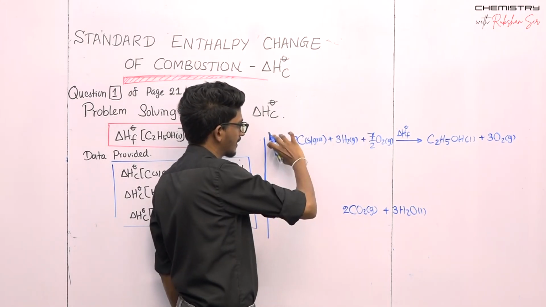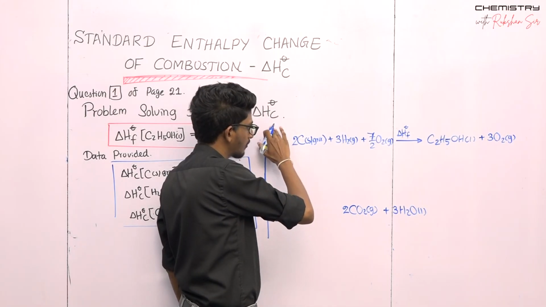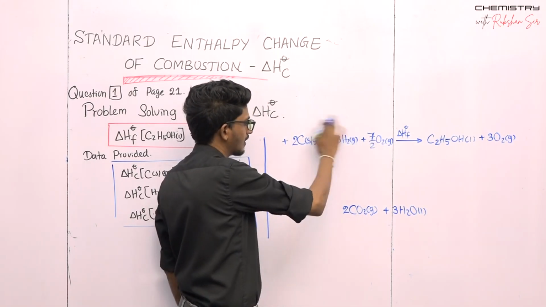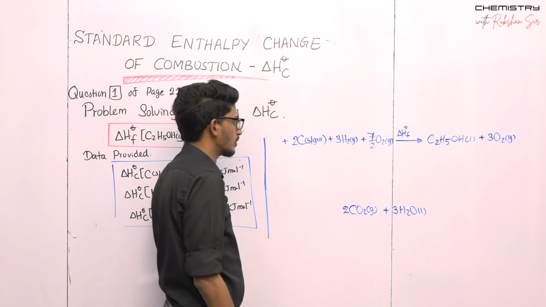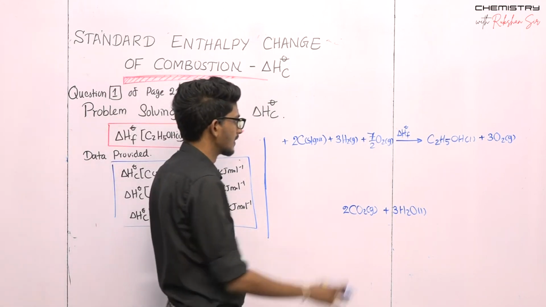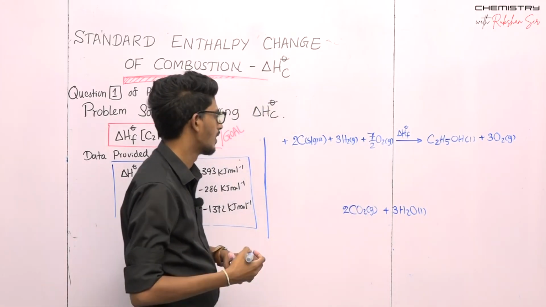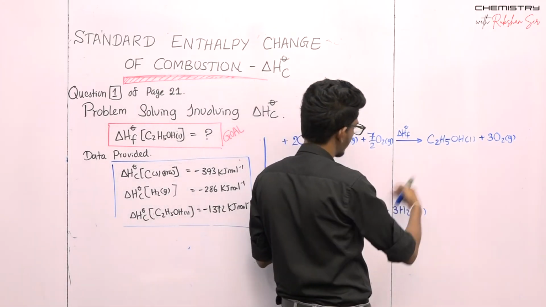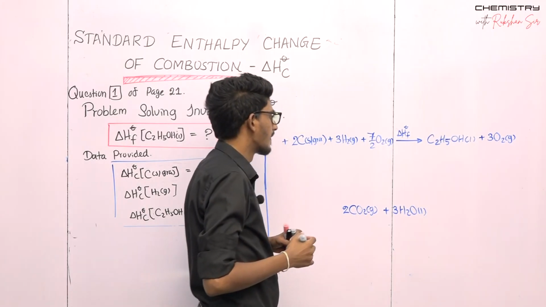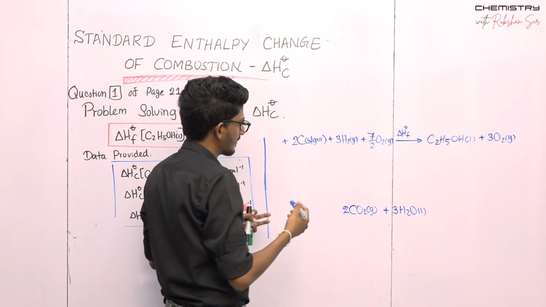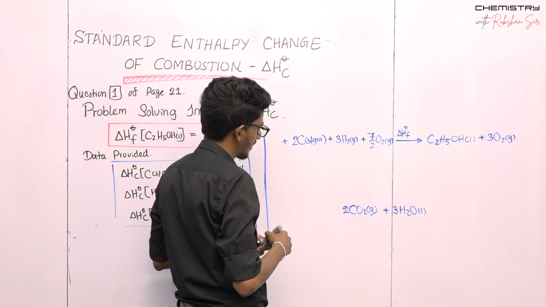So just add that 3 of O2 gas and half of O2 gas to write as 7 by 2 O2 gas, right? So this will also represent 7 oxygen atoms. So 3 states are completed. Now our task is to connect these 3 states with the energy changes, right?